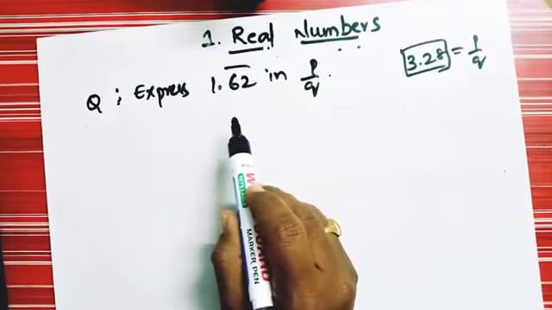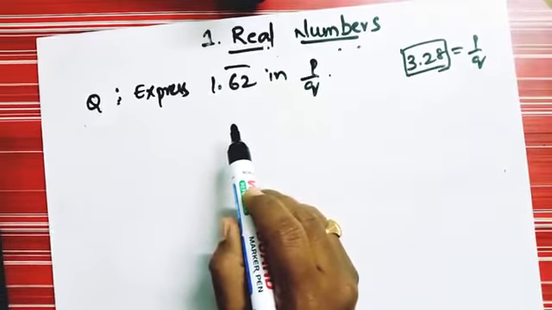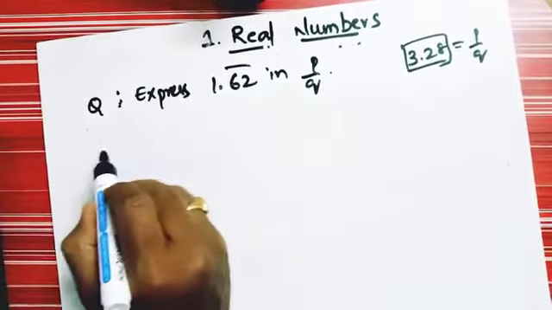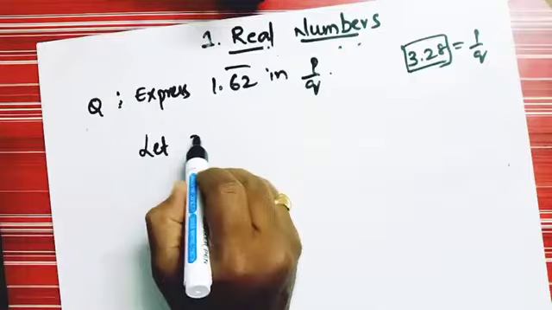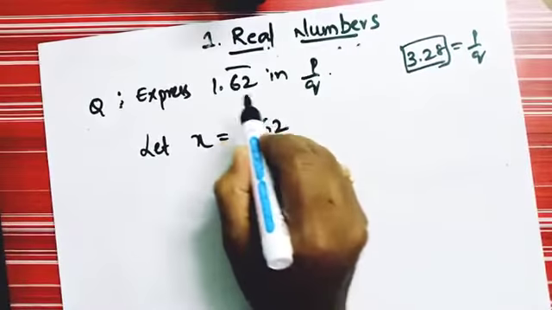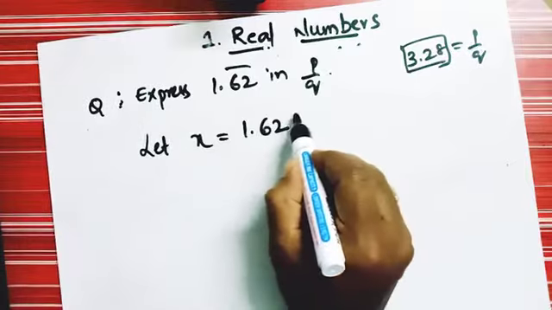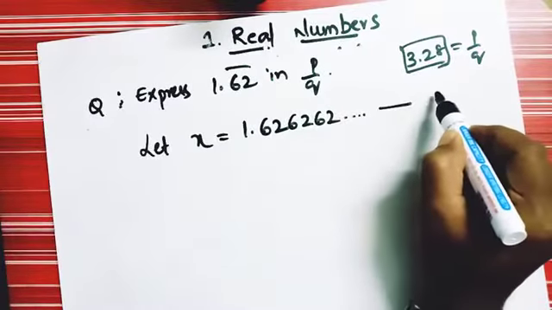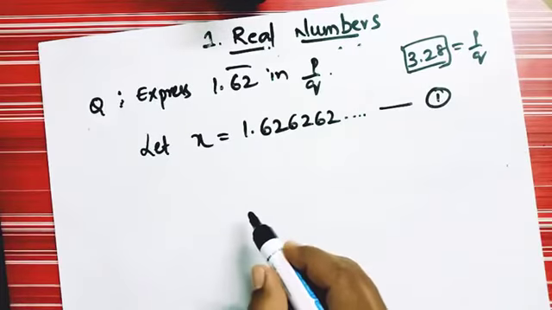So now we will see how to represent this decimal number in the form of p by q. First of all we let x equal to 1.62, and the 62 is repeated in the decimal part, so you write 62 and so on. Take this as the first equation.